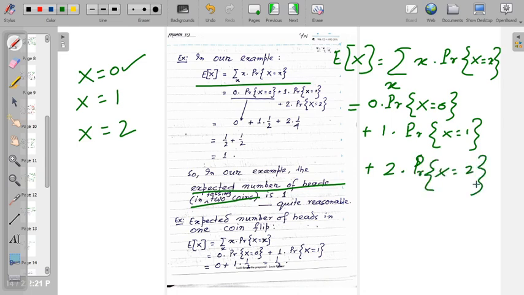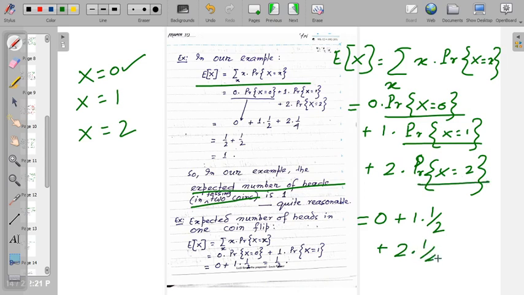Now 0 times anything is 0, plus 1 times what we have calculated for probability x equal to 1, which is 1 by 2, plus 2 times 1 by 4.